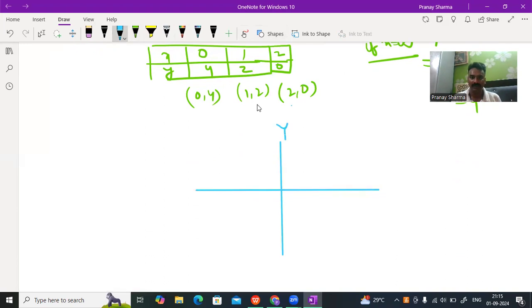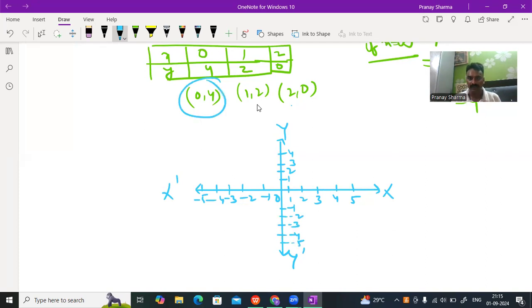This is y, y dash, x, x dash, O, and the points 1, 2, 3, 4, 5, minus 1, minus 2, minus 3, minus 4, minus 5 on both axes.